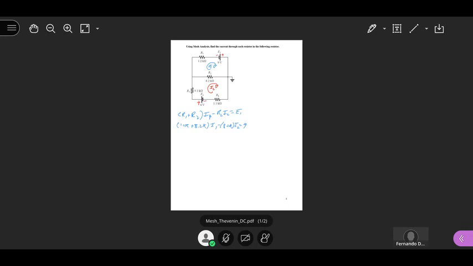Now 1.2 plus 8.2 is going to be 9.4k, which is 9.4 times 10 to the 3, times I1, minus 8.2k times I2, equal to 9. And that's my equation number 1.